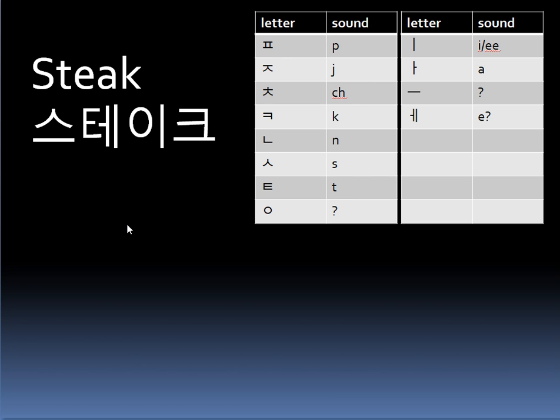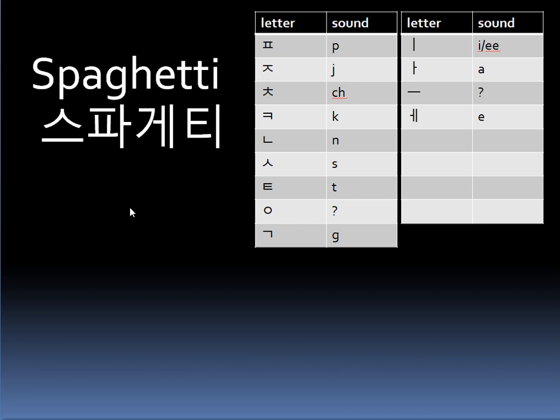Okay, next. Again, this has a lot of words that we already know. Spaghetti, and again it's exactly the same as steak. And okay, this one I haven't put in yet.